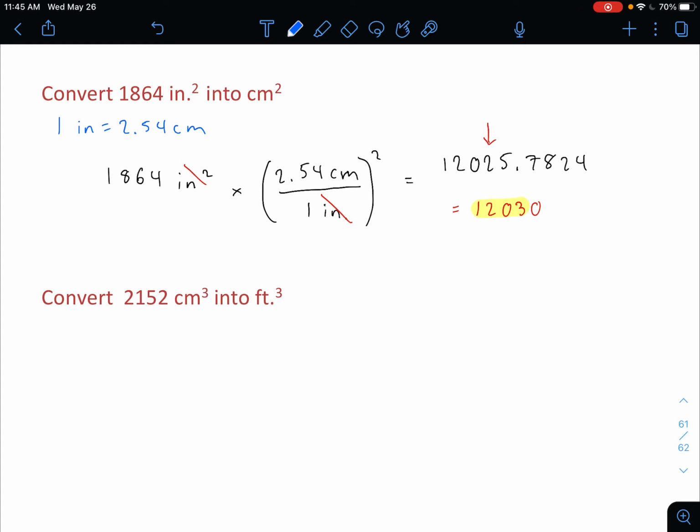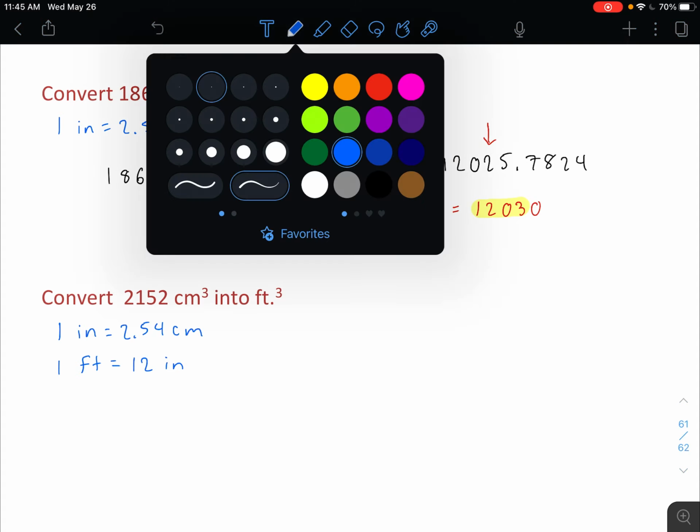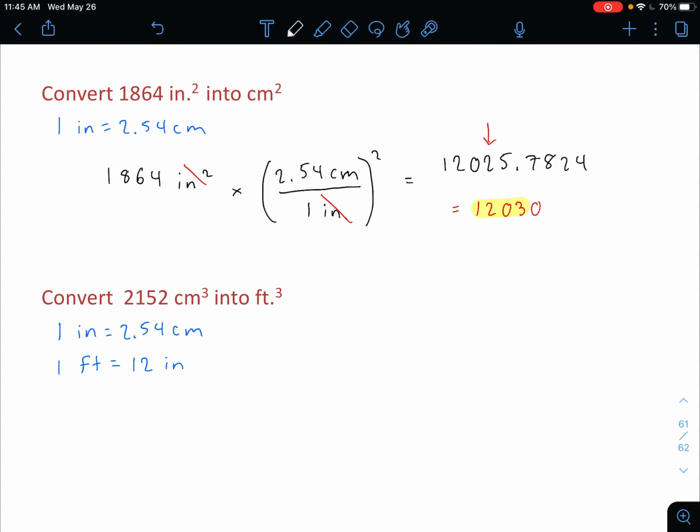Centimeter cubed to feet cubed. So I'm going to go centimeters cubed to inches cubed to feet cubed. 1 inch equals 2.54 centimeters, and 1 foot equals 12 inches. I just need to cube things as I'm using them as conversion factors.